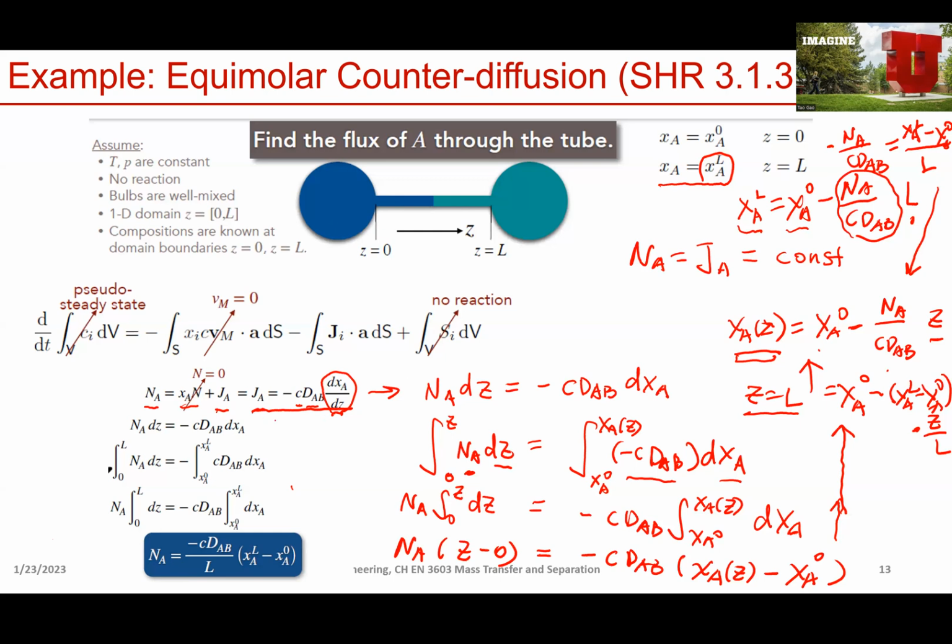Because now Fick's law mathematically becomes an ordinary differential equation with dXA and dz. We just need to solve this ordinary differential equation, so we will be able to get XA as a function of z, conceptually. Now the question becomes, how do we solve this differential equation? What do we have? That's why we examine this equation. The first thing we ask ourselves is, can we separate the variables?